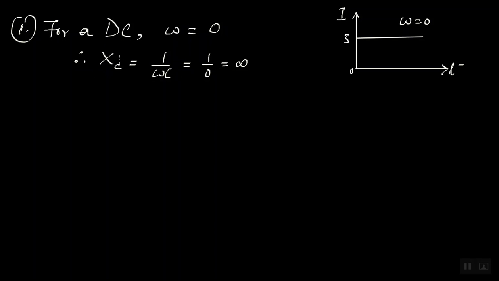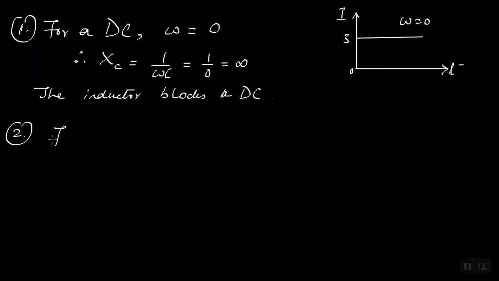Now that means that the inductor will offer infinite opposition to the flow of DC. So this means that the inductor blocks a DC. Understand? So it means that the DC, the direct current, cannot pass through an inductor. That's a very important point.